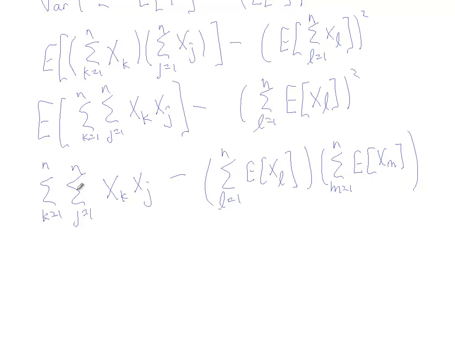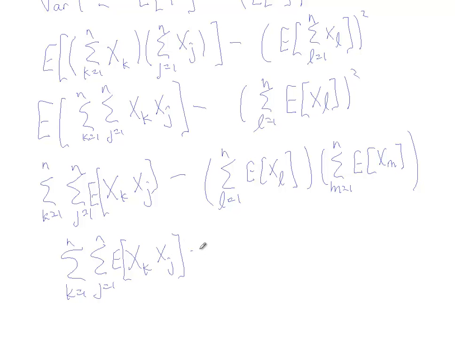So I actually have a double sum on the first group of terms and the same double sum on the second group of terms. So instead of using l and m, I'm going to switch back to k and j. So I can write this as sum k equals 1 to n, sum j equals 1 to n. And here I have xk xj. Whoops, I forgot the expectation. Sorry, put that in there. Put that in here.